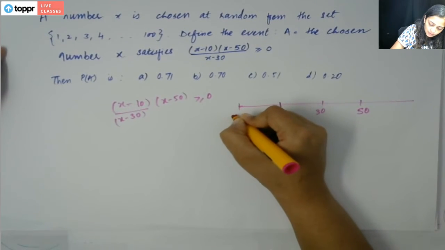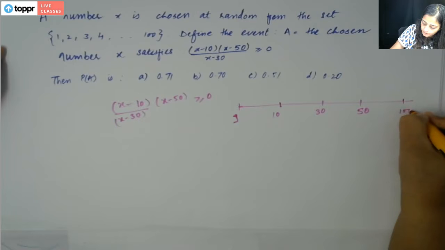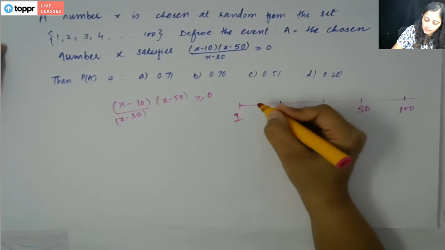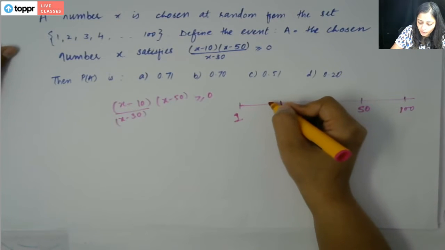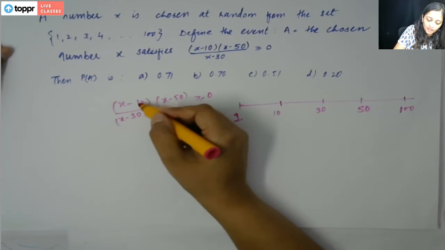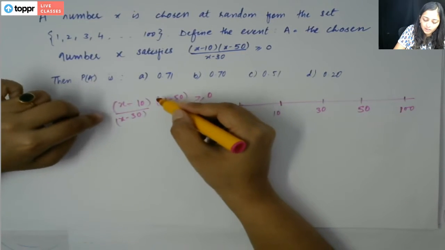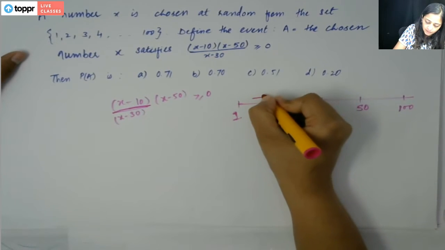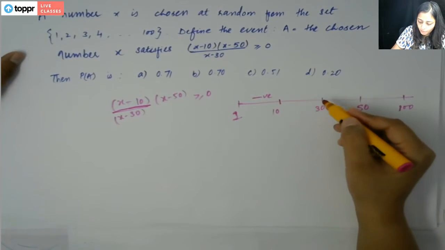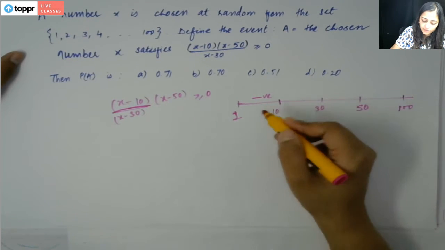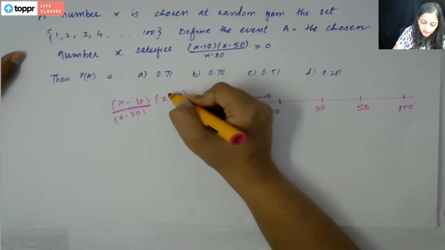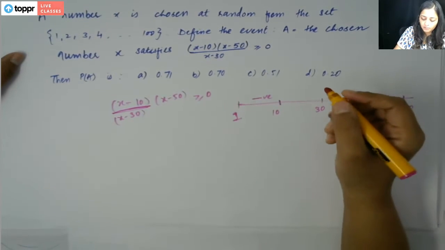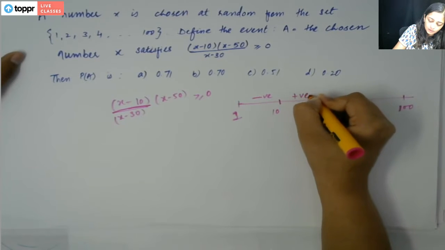If x is between 1 and 10, let's say 5, then 5 minus 10 is negative, this term is also negative and this is also negative, so we get a negative sign. From 10 to 30, let's say we take 15, this is positive, this is negative and this is negative. So we have two negative terms and one positive term, so it will become positive.